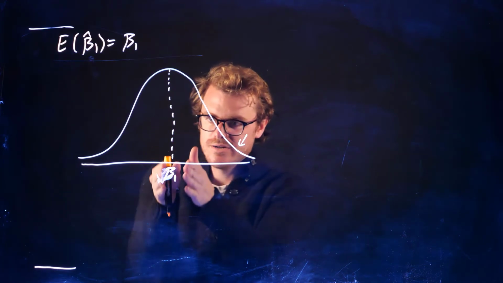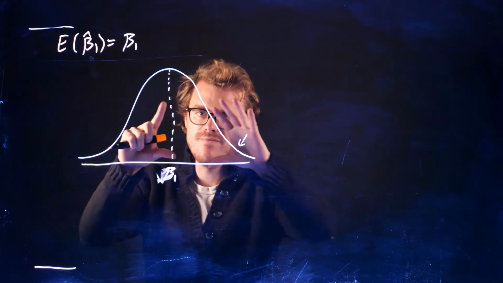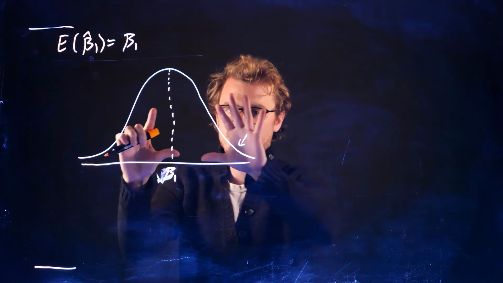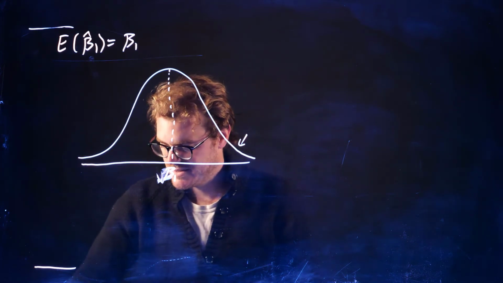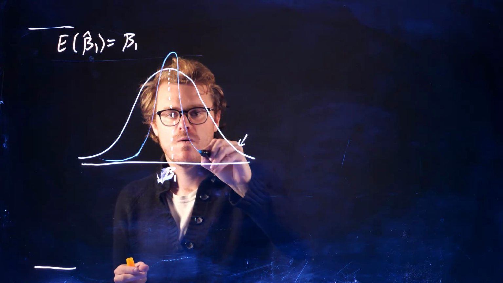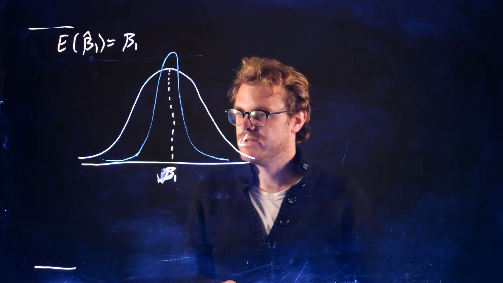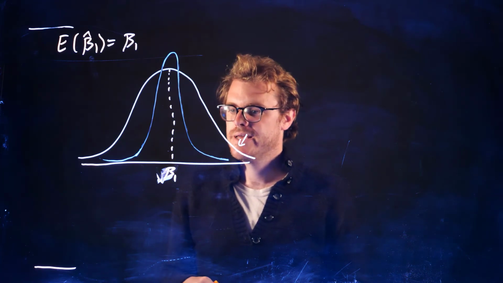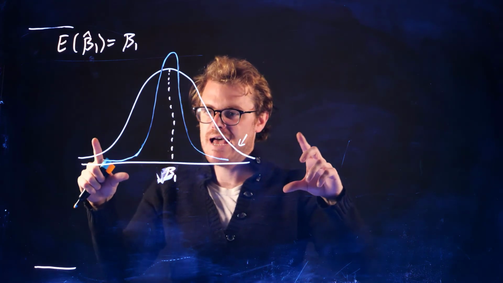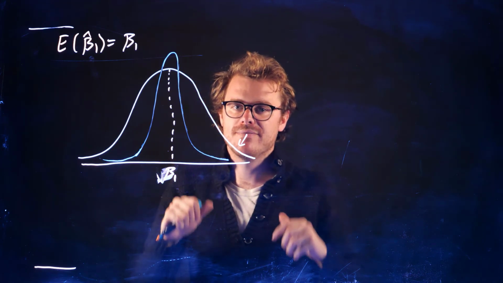So the center of this distribution is the true value, but now we need to think about the variance. Remember, we'd prefer an estimator that has a small variance, where a lot of the mass is concentrated. We prefer the variance in blue to the one in orange, if you can see the difference between them. And so we're going to be interested in having these unbiased estimators and having the estimator's variance be the smallest. So we're going to derive the variance now.